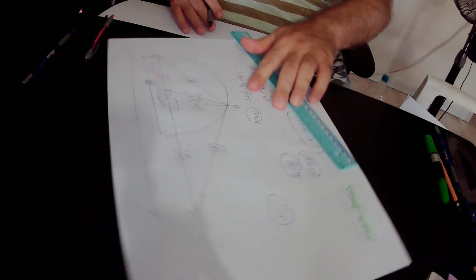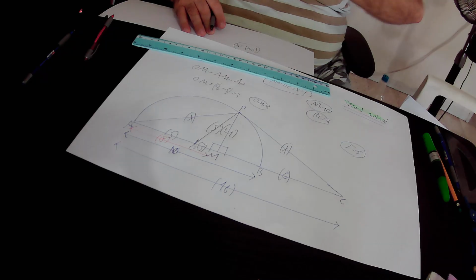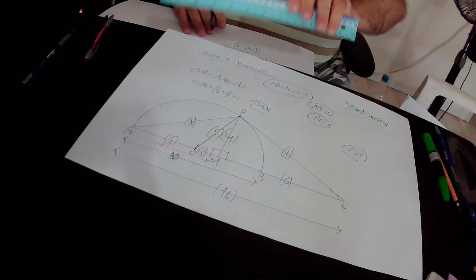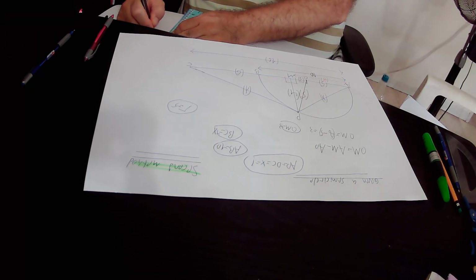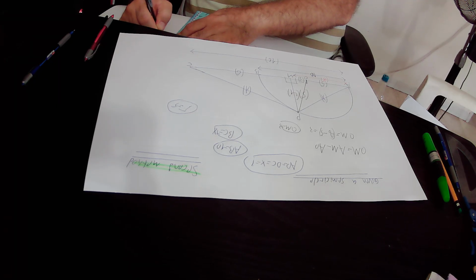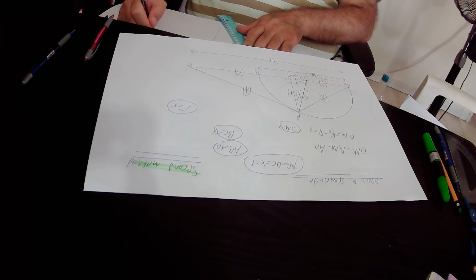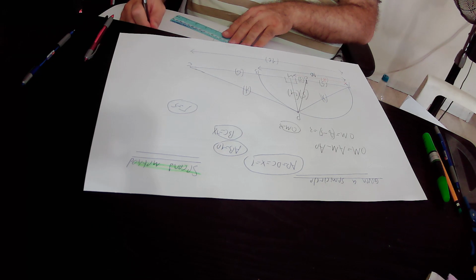In the next step, we'll apply the Pythagoras theorem in the big right triangle PMA. So copy the big right triangle PMA to a new page, and we'll apply the Pythagoras theorem on it.